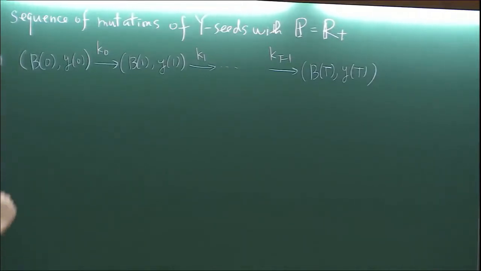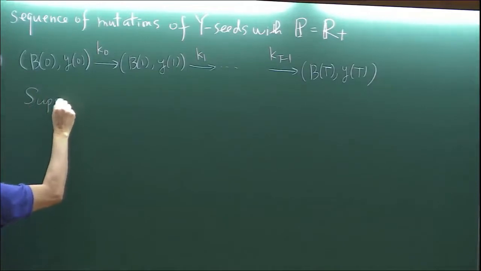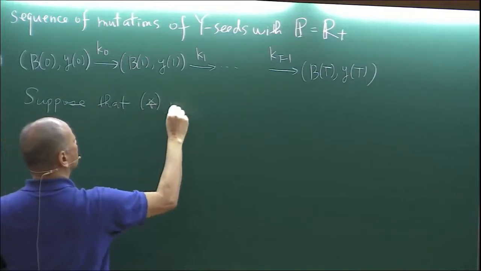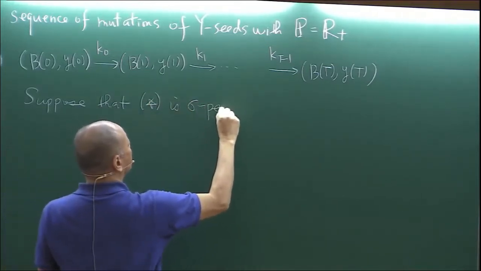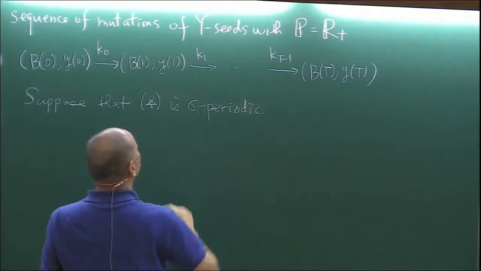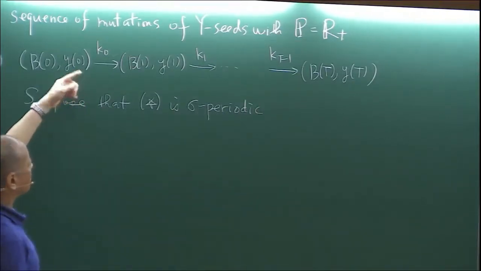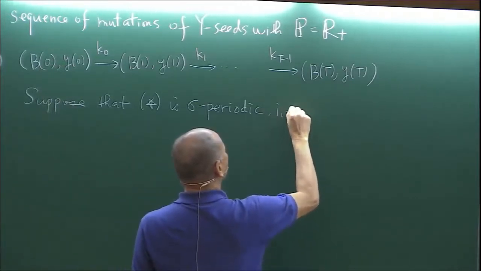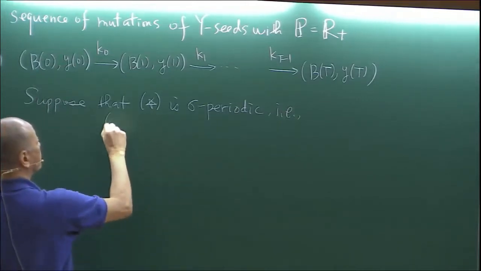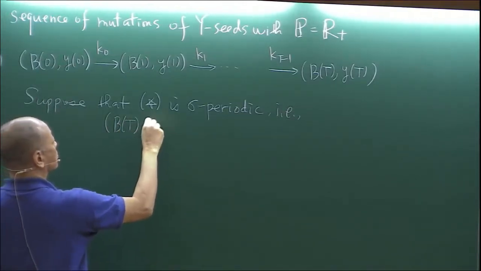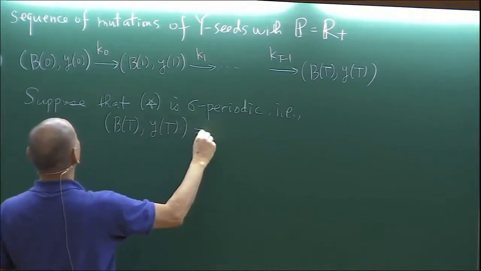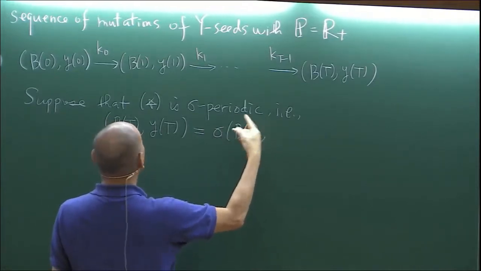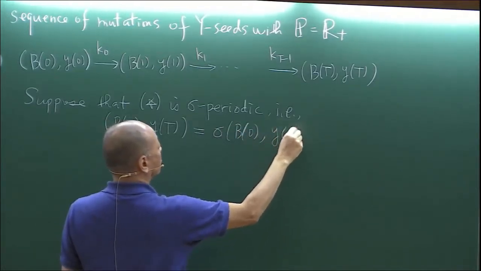And suppose that this sequence star is sigma periodic, where sigma is a permutation of, say, 1 to n, where n is the rank of this Y-seed, namely the last seed is obtained from the first one by just changing all the indices of the matrix and Y variable by this permutation.